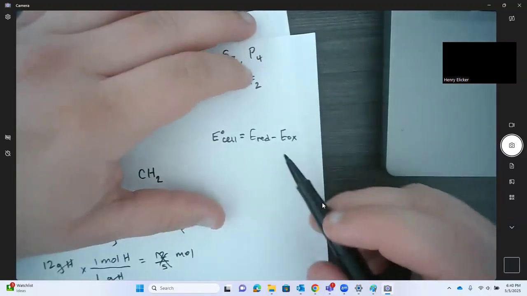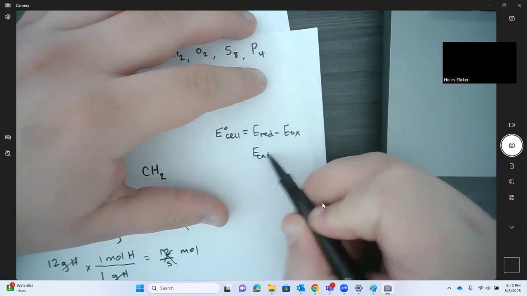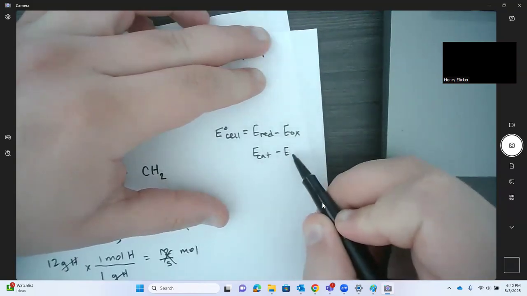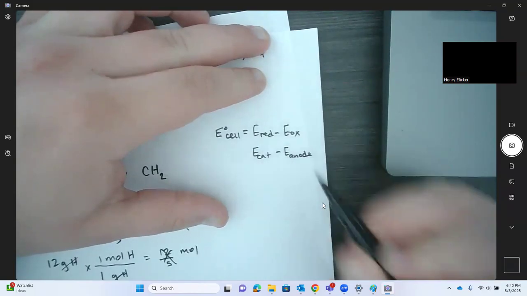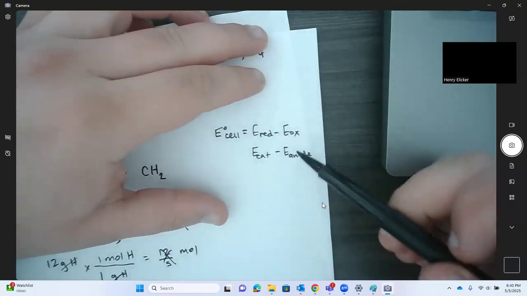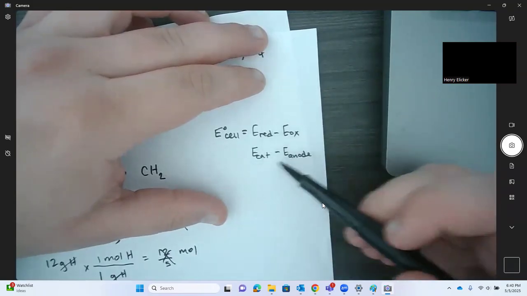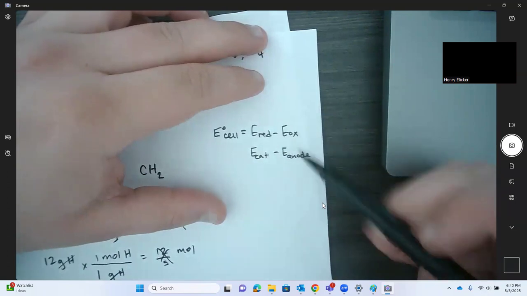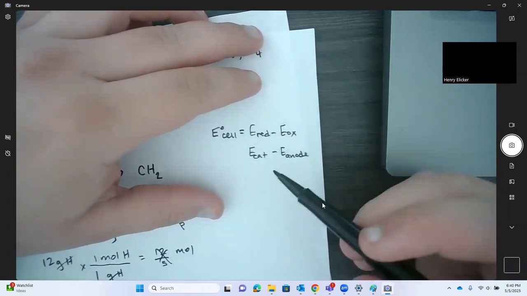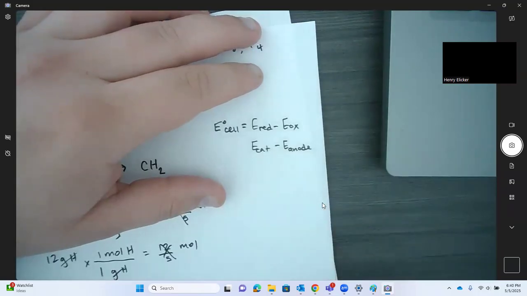By the way, you're probably like, well, wait, I've seen an equation that says E cathode minus E anode. Which one is correct? They're both the same. There's actually a saying, red cat and an ox. I saw a red cat and I saw an ox next to each other. That's how you couple them together to remember that. The point is you take the reduction potential and subtract the oxidation potential.